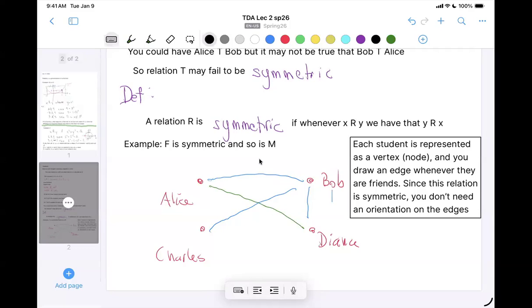Understanding if a relation is symmetric or not is very important. Another useful property is transitivity, which I'm going to define now.